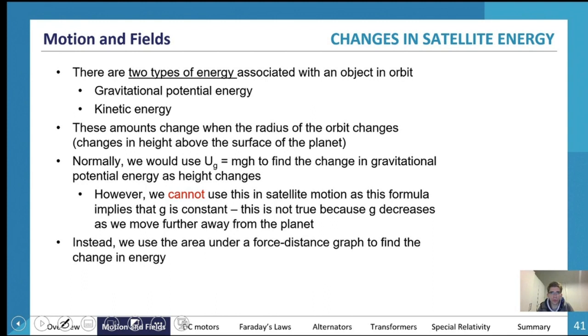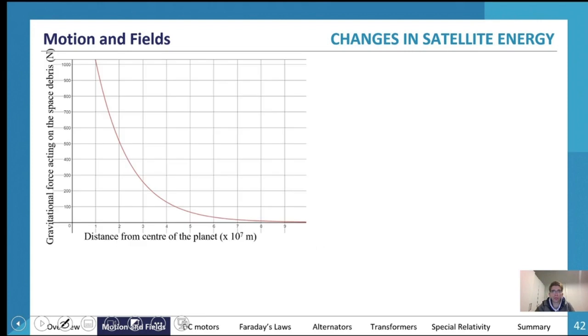Normally, we would use mgh to find the change in gravitational potential energy as the height changes. But because g is changing, we cannot use this formula. Therefore, we have to use the area under a graph, like we did before.